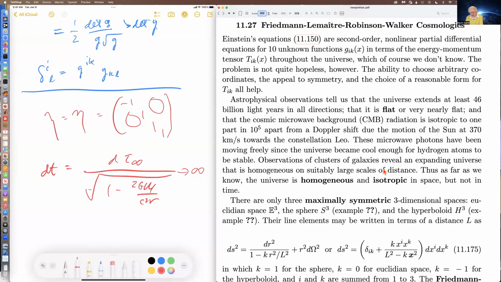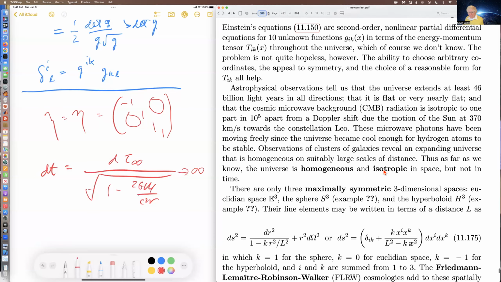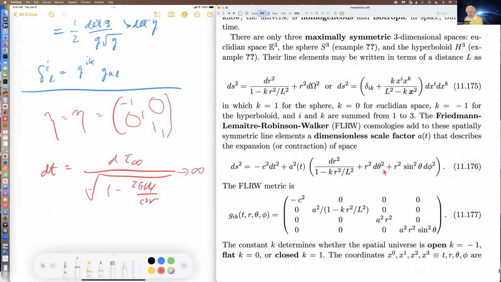As far as we know, the universe is homogeneous and isotropic, and of course that makes for a very much simpler cosmology. There are only 3 maximally symmetric spaces of 3 space dimensions, and these are Euclidean space, the 3-dimensional sphere, and a hyperboloid called H3.